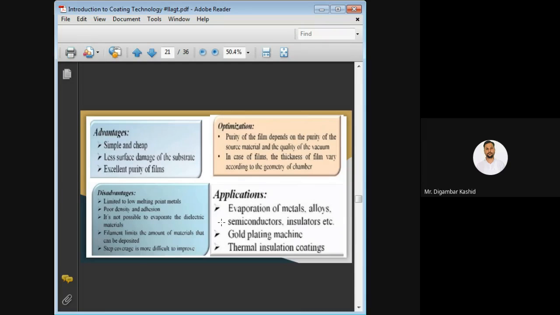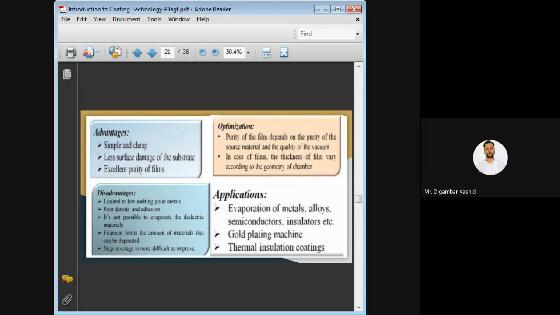So we get excellent purity. In this method we just give the energy to the source material, so that the source material comes into the vapor form and simply deposits onto the target material, or we can call it the substrate material. That is the simple funda of this thermal evaporation process.